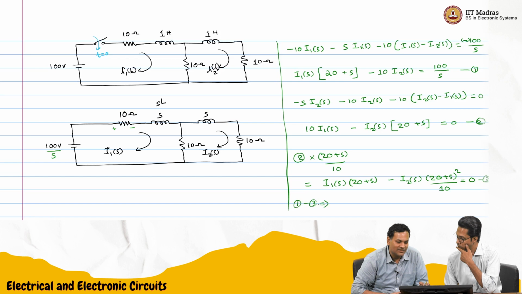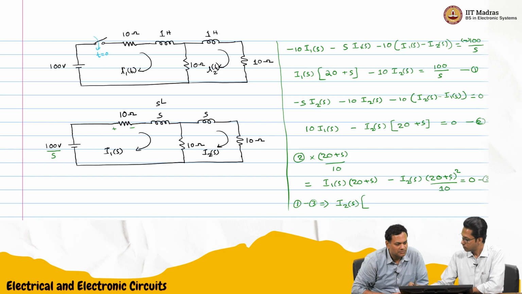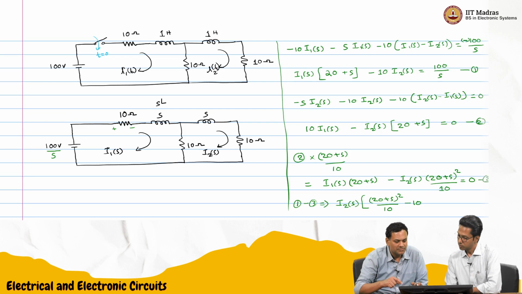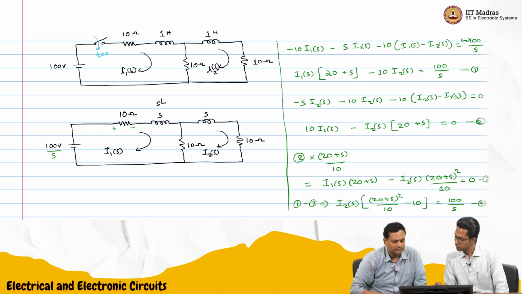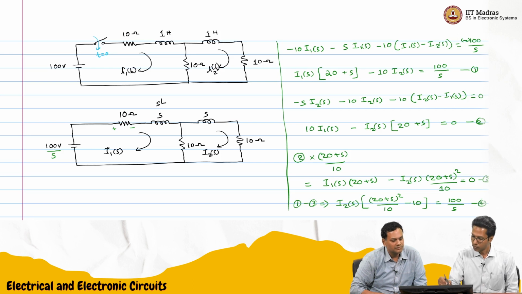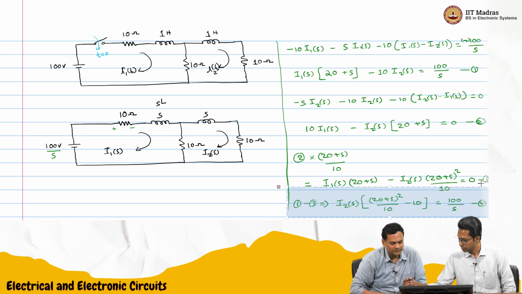That means I1 will go away. 1 minus 3 means I2 of S into (20 plus S) whole squared by 10, minus 10, equal to 100 by S. We'll copy to the next page because this is correct.